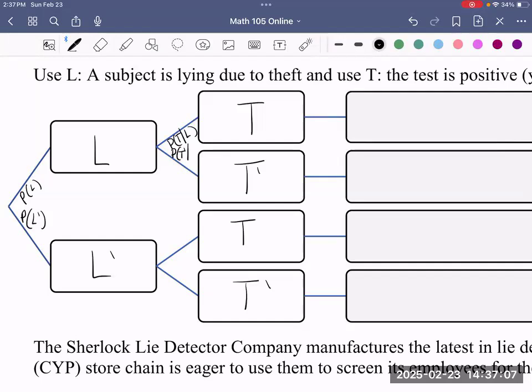So they got away with it, given that they're lying. And this next branch is the probability that they're taking the test, given that they're not lying. So it came out positive. This is like the worst case scenario. And the last result is that the test does not believe that they are lying. So it's testing negative, given that they are not lying. So that hurt. Everybody's being honest.